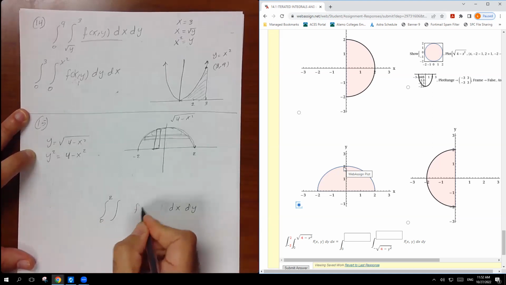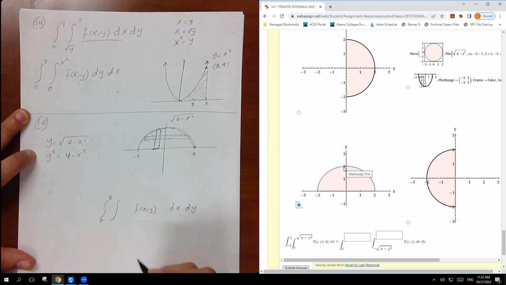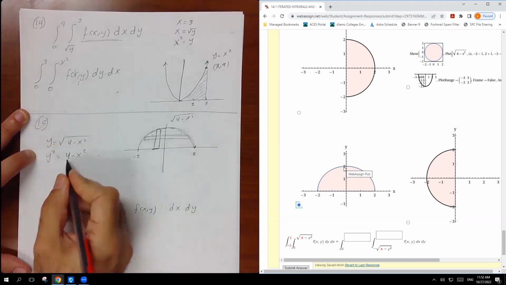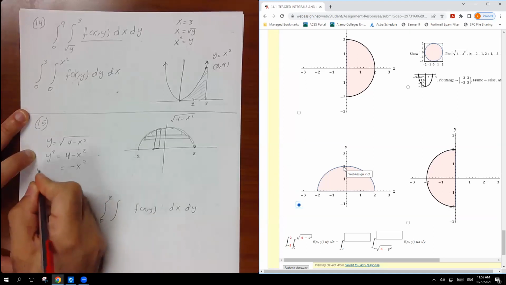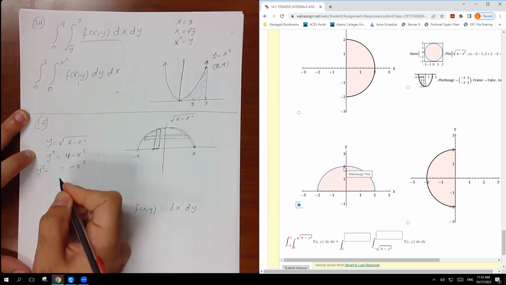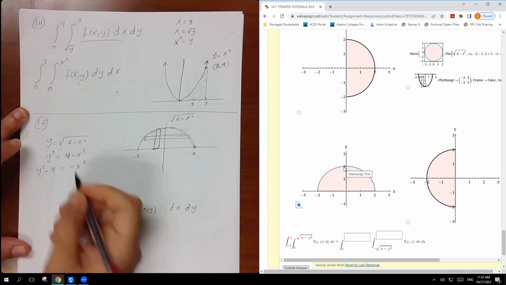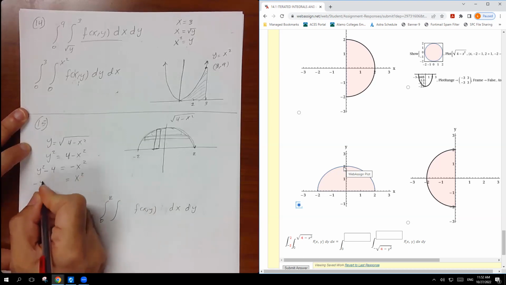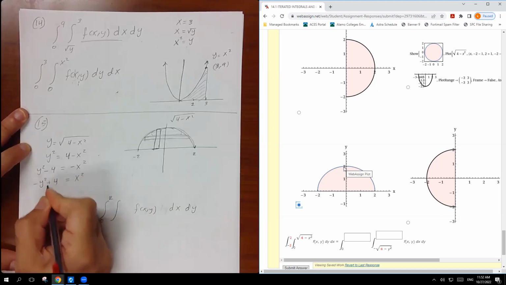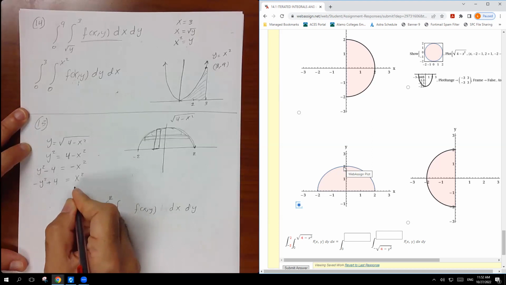And here is f of x, y. Solve this one for x. So move it, it's going to be -x squared equal y squared minus 4. Then multiply by negative. So x squared is going to be -y squared plus 4. Take the square root.